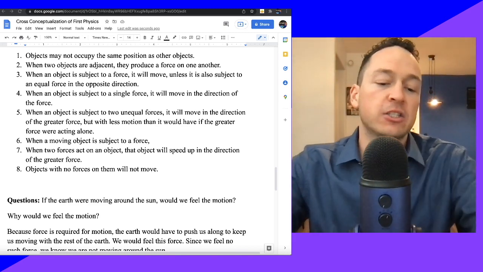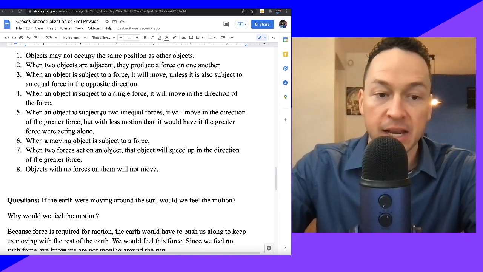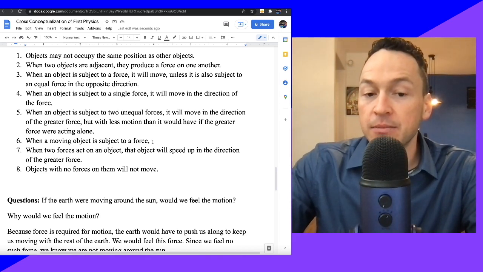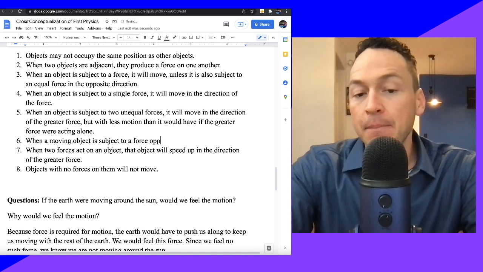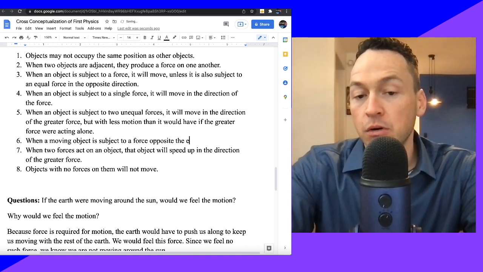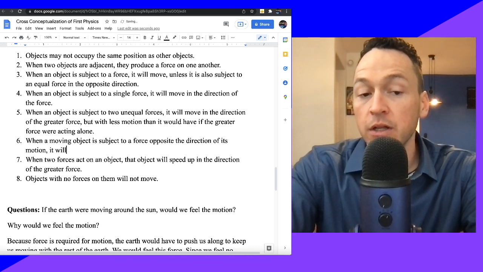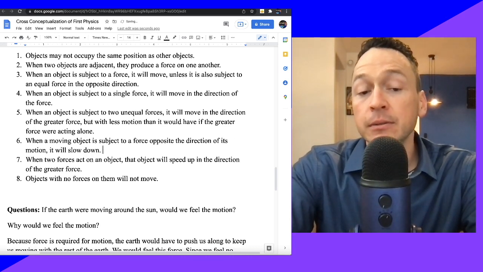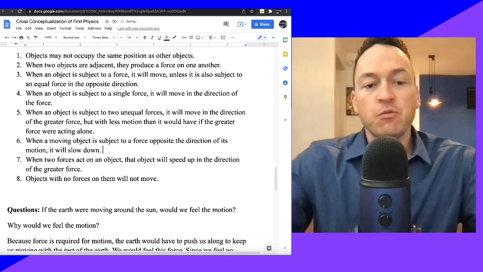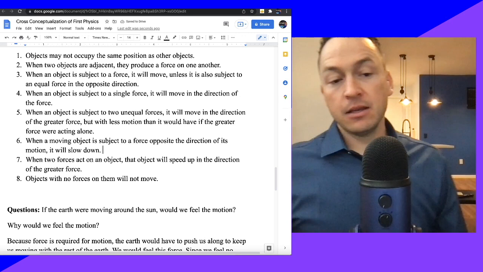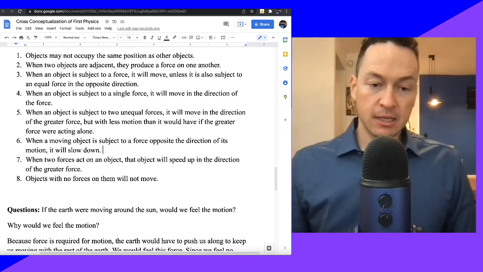I'm sure there's an answer to that, but I haven't explained it. When a moving object is subject to a force opposite the direction of its motion, it will slow down. Then when it comes to, I'll just say that. Okay.